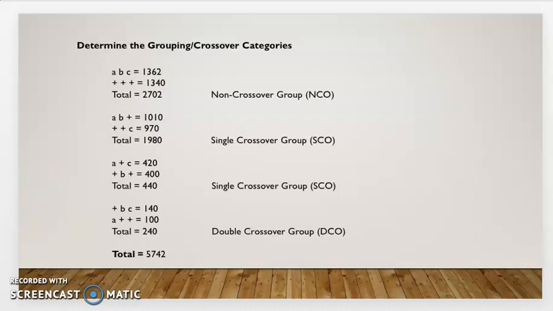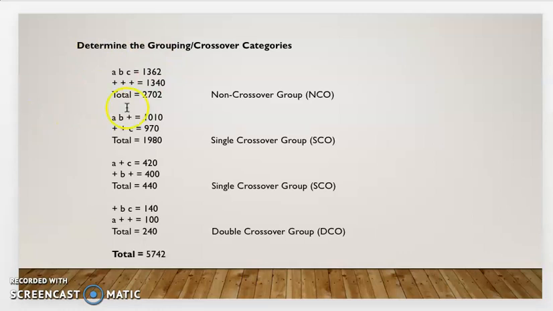So the first step in this problem is to determine the grouping and crossover categories. The easiest way to accomplish this is to look at our data set and see which groupings are similar.